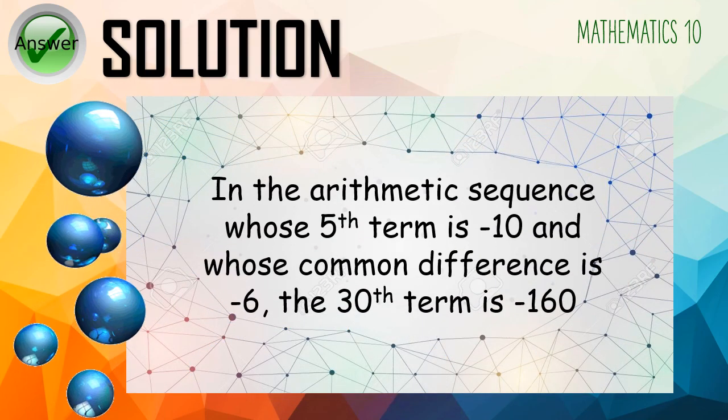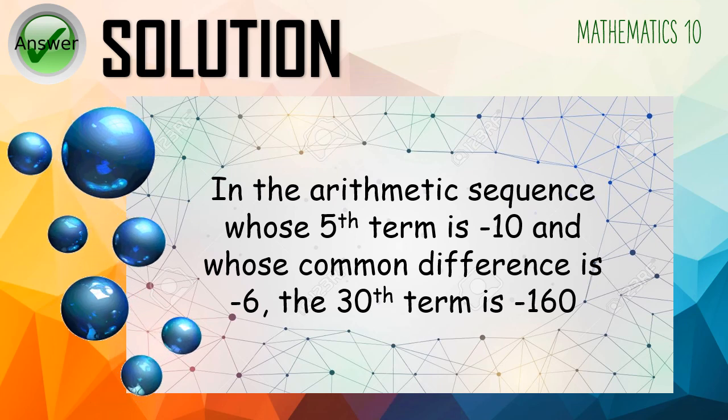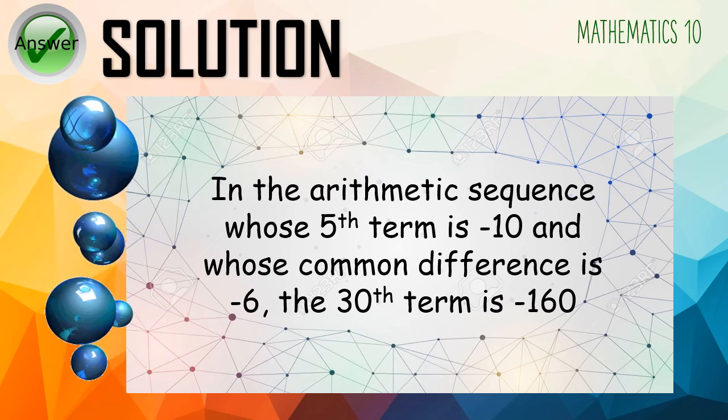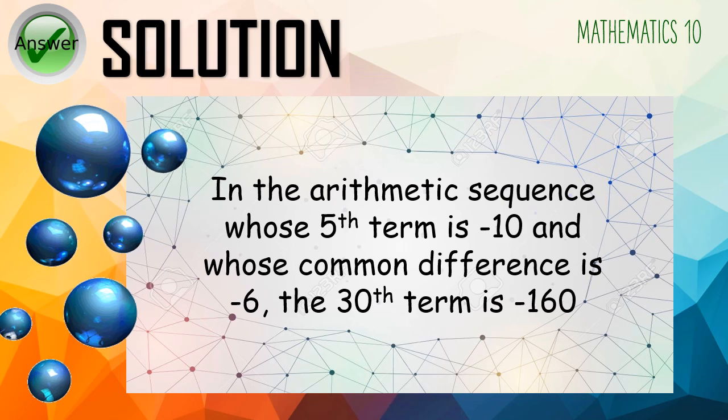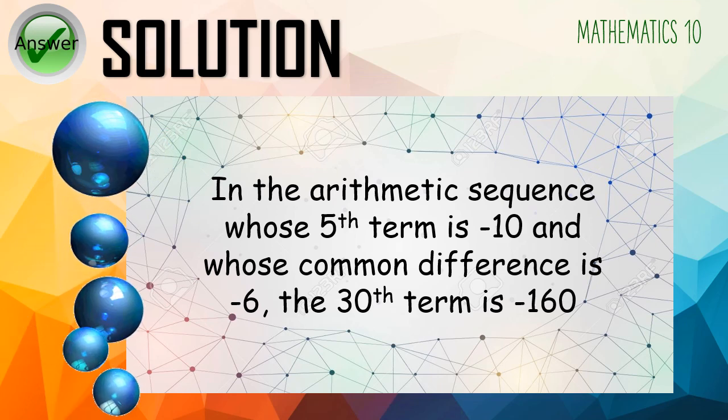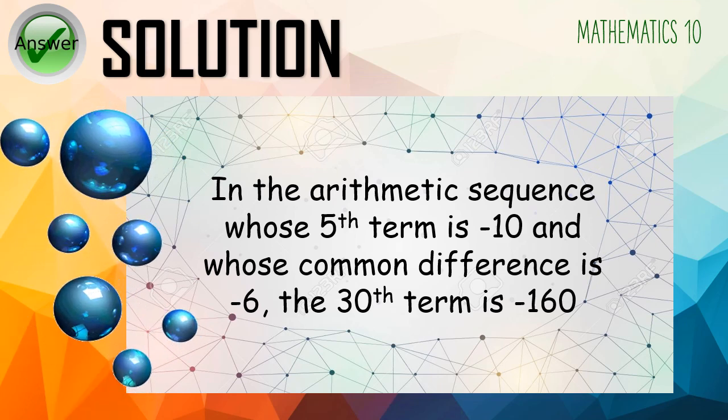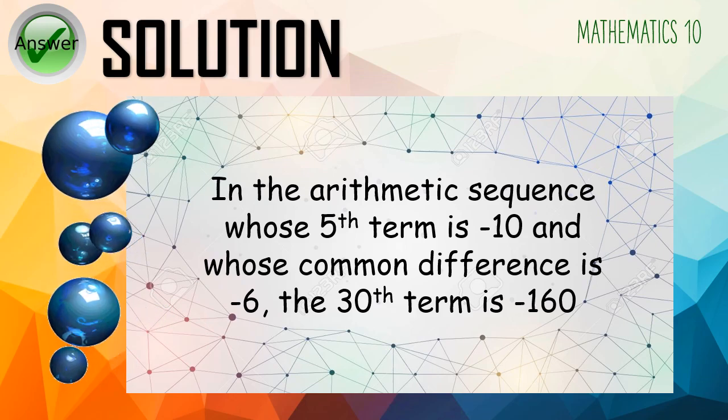Therefore, your final answer: in the arithmetic sequence whose fifth term is negative 10 and whose common difference is negative 6, the 30th term is negative 160.